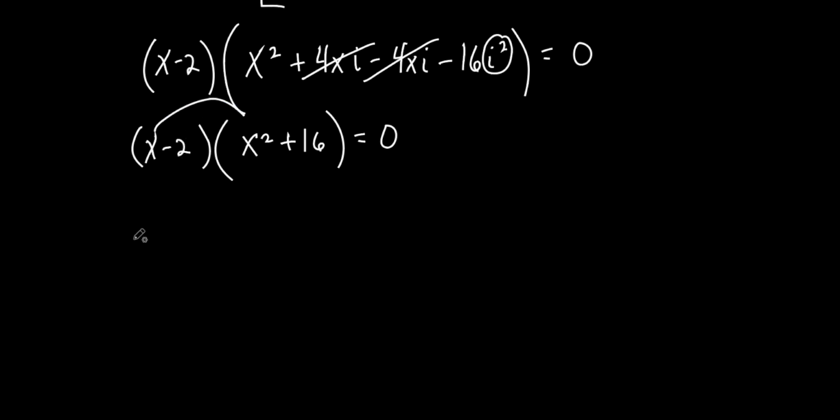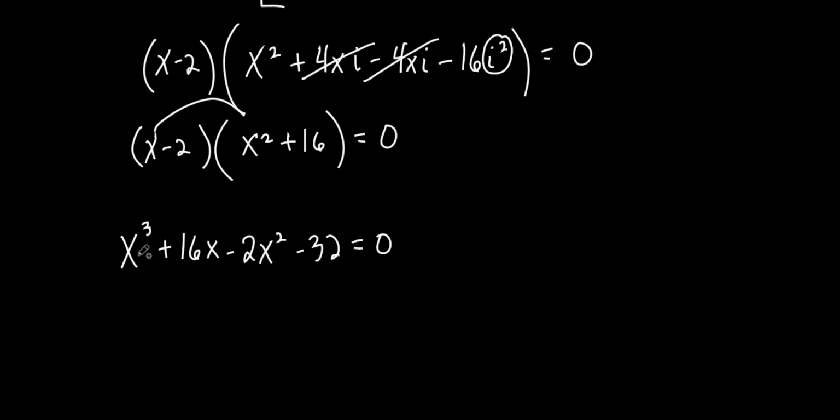First, what's that going to give us? X cubed, right? X to the first, x squared. Then outside is plus 16x. Inside, minus 2x squared. Last, minus 32 equals 0. I don't like it like this. Why don't I like it like this?